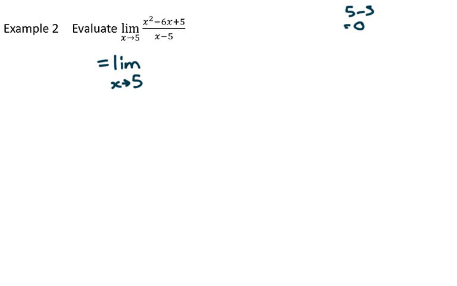Looking at the top, x squared minus 6x plus 5, do we have two numbers that would multiply to 5 and add to -6? Yes, we do. That would be x minus 5 and x minus 1.